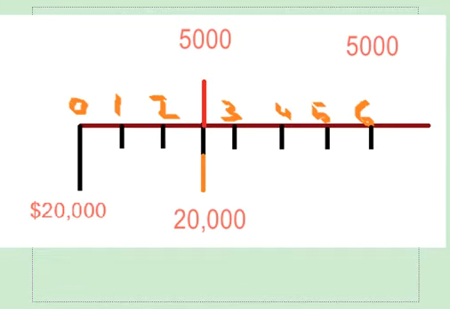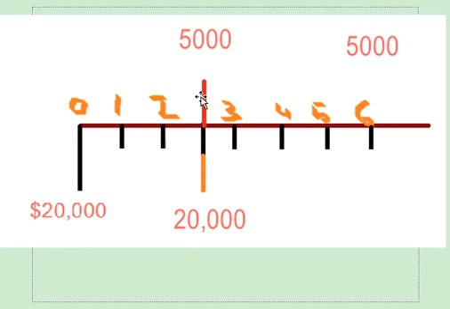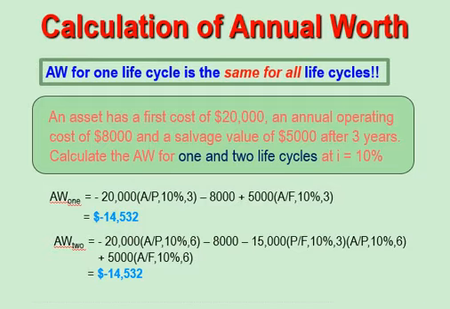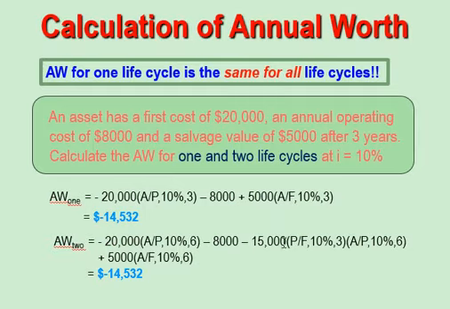We said our annual worth analysis is 6. So I have to distribute this amount into 6 payments, taking into consideration what? The interest rate. So I cannot just say, hey, it's $15,000 divided by 6. No. You have to take into consideration the interest rate.